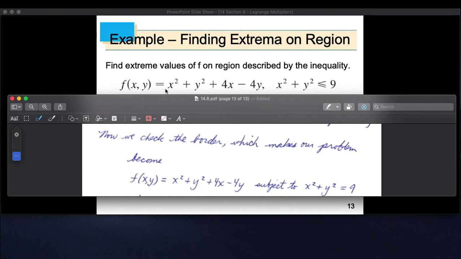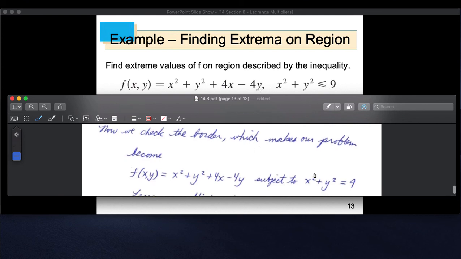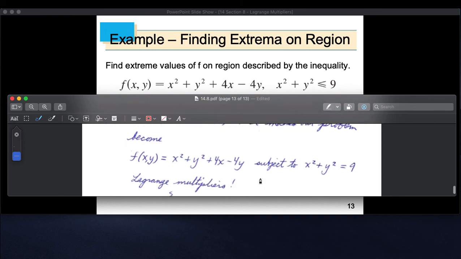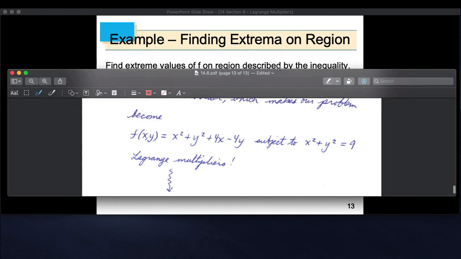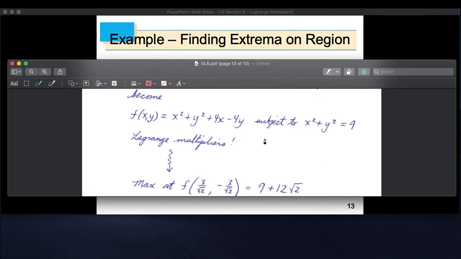It's the same function, x squared plus y squared plus 4x minus 4y, but now we are subject not to the interior of this disk, but the border of the disk. Because we have done several examples already, and we've done several examples that are much more interesting and much more complicated than this one, I'm going to leave it up to you to work this one out, but I'm going to give you the answers.